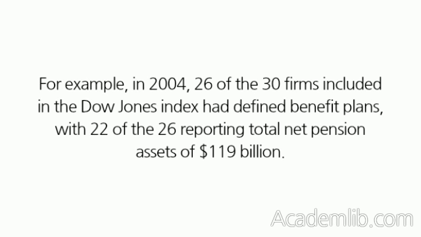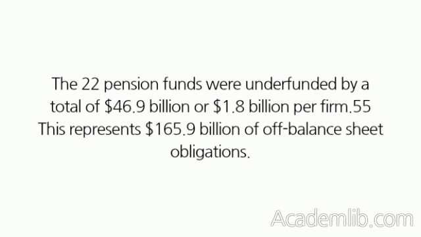For example, in 2004, 26 of the 30 firms included in the Dow Jones Index had defined benefit plans, with 22 of the 26 reporting total net pension assets of $119 billion. The 22 pension funds were underfunded by a total of $46.9 billion or $1.8 billion per firm.